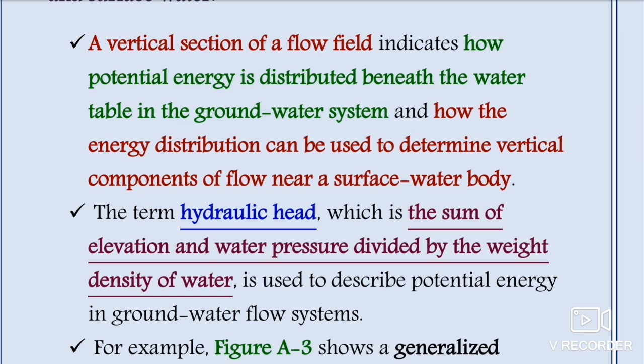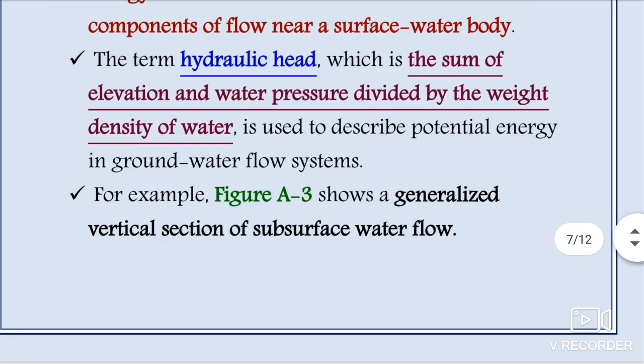The term hydraulic head is used. Hydraulic head is the sum of the elevation head and the water pressure divided by the weight density of water, and it is used to describe the potential energy in a groundwater flow system.